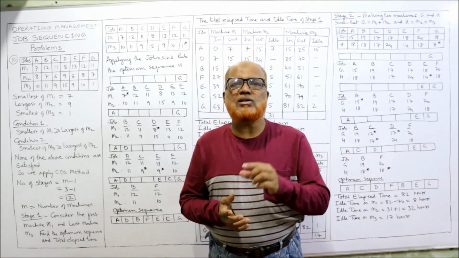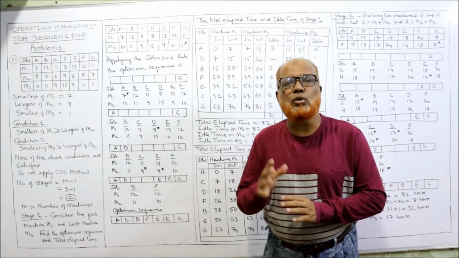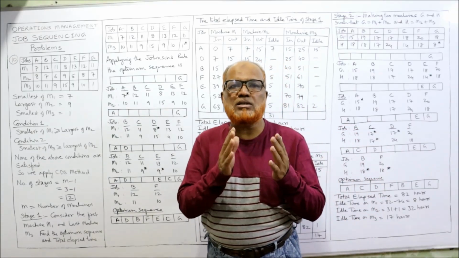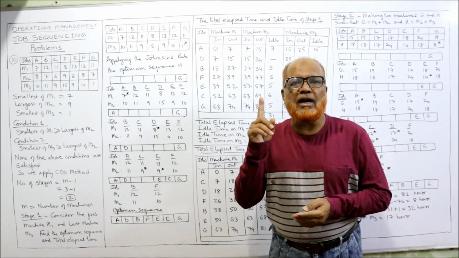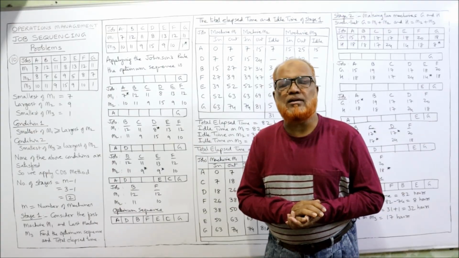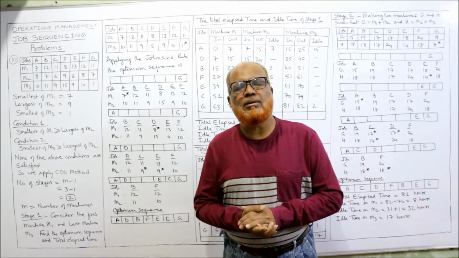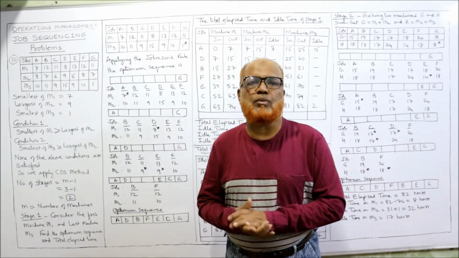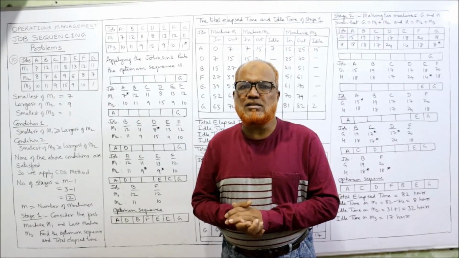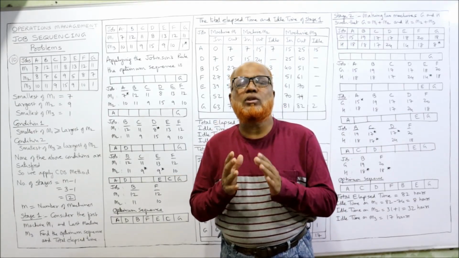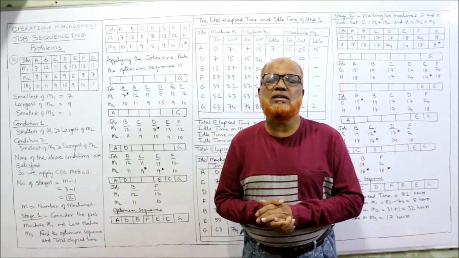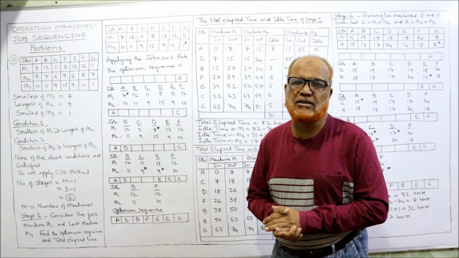Second condition, the smallest of M3 should be greater than or equal to the largest of M2. If any one of the conditions is satisfied, then we have to convert the 3 machine problem into a 2 machine problem. Then we can get the answer. But what will happen if both the conditions are not satisfied? Then we have to apply the CDS method.